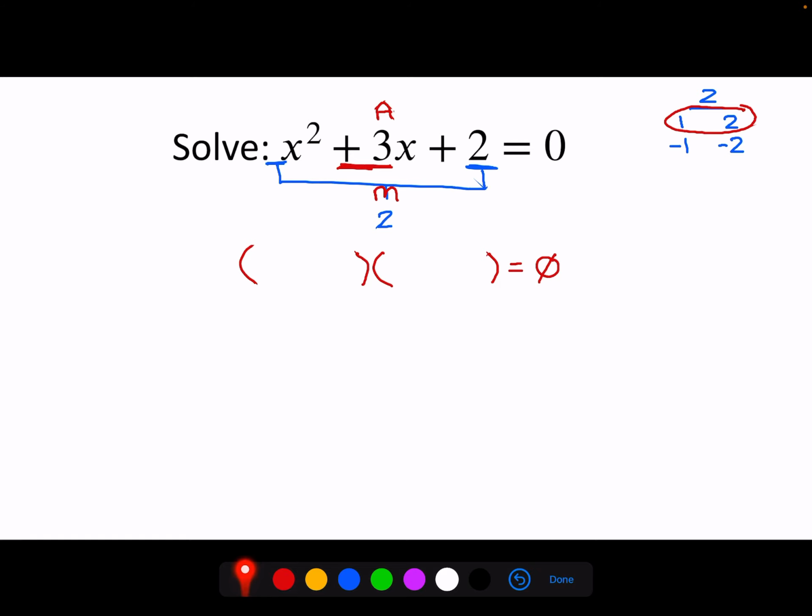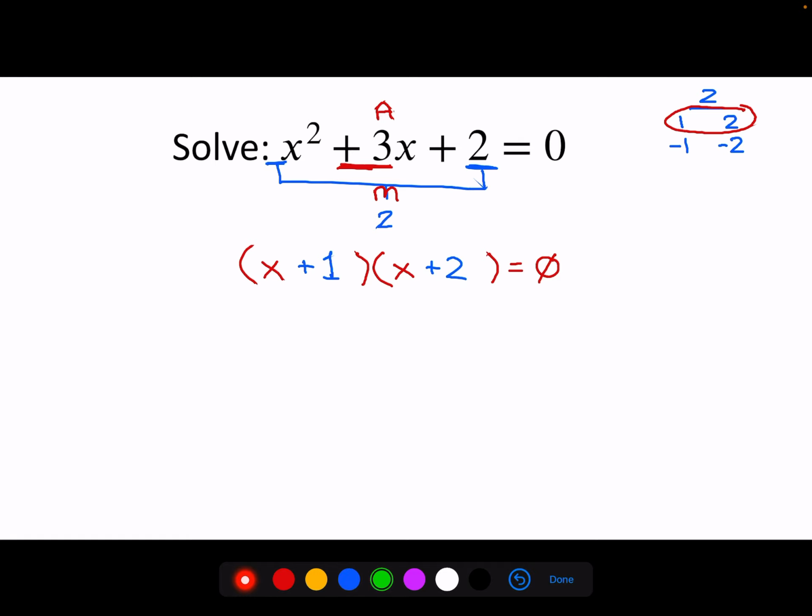The first thing that goes into both parentheses is the variable that we're working with. And that variable in this case is x. So I place an x in front. Next, I place the 2 terms that we found that add to be 3 and multiply to be 2. And those terms were +1 and +2.